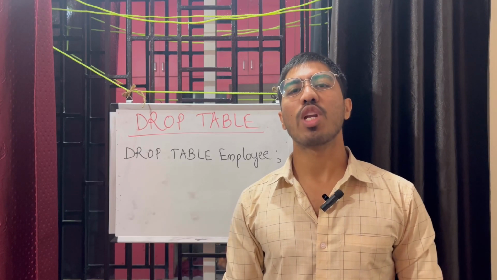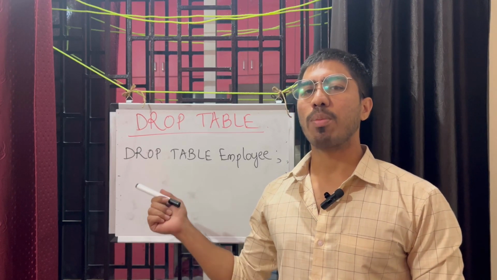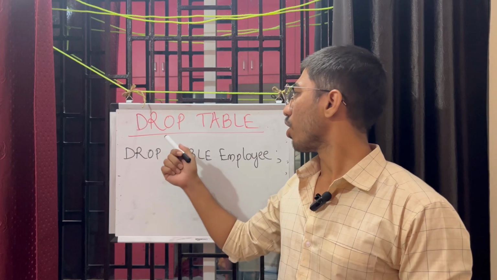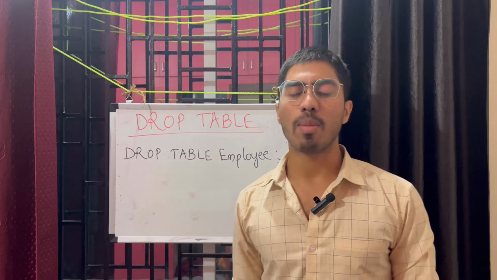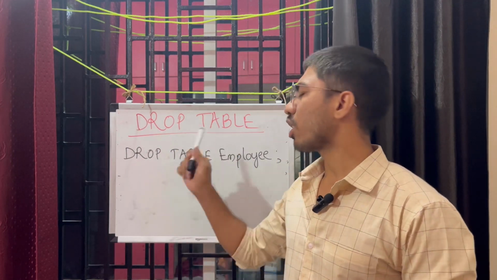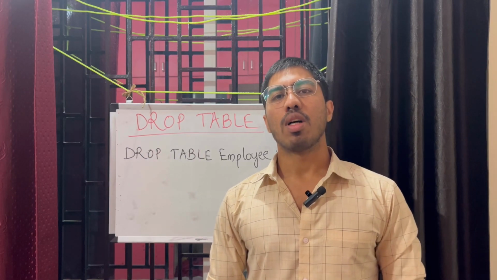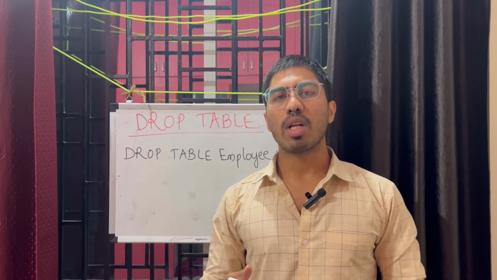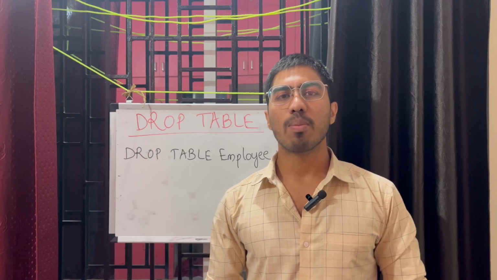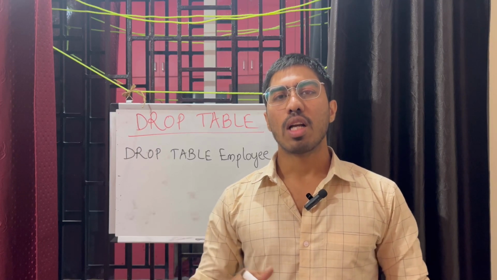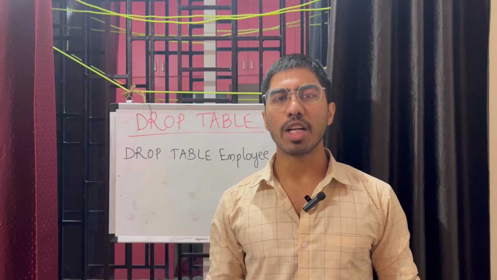Coming to the end of this tutorial, the final statement is the T-SQL drop table command. This drop table means whatever is inside the table, all the records and the table definition, everything will be deleted.